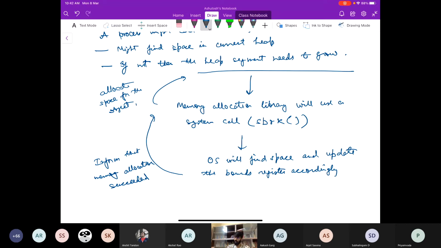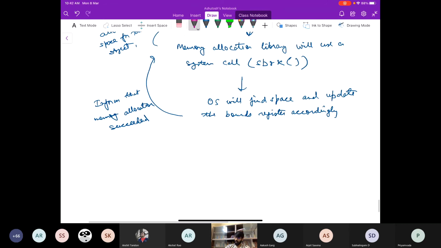So this is going to be the flow, but there's one point to note: maybe the OS will not be able to find space. This can happen for a couple of reasons.